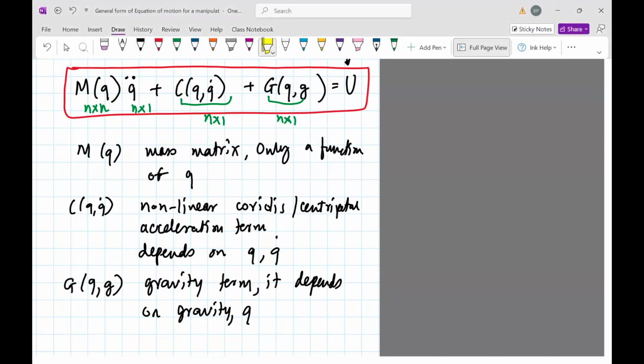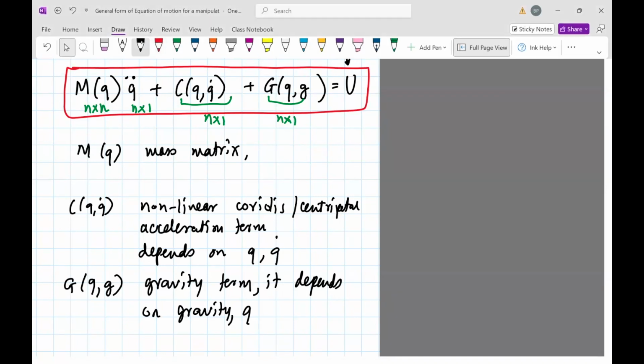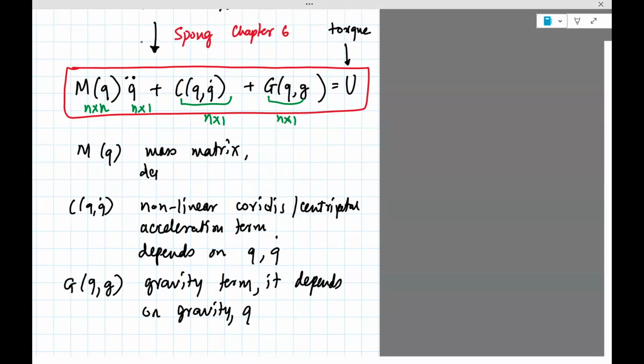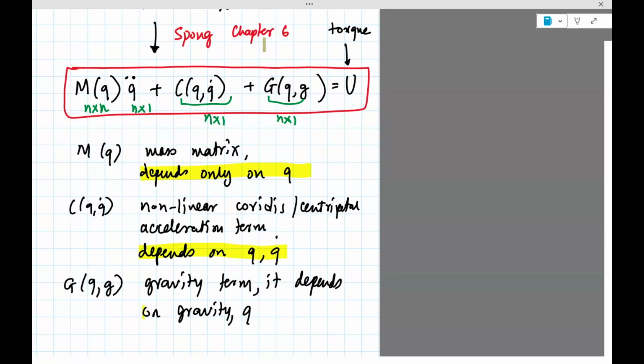Okay, this depends only on q. So this is something which we'll be exploiting in just a bit.